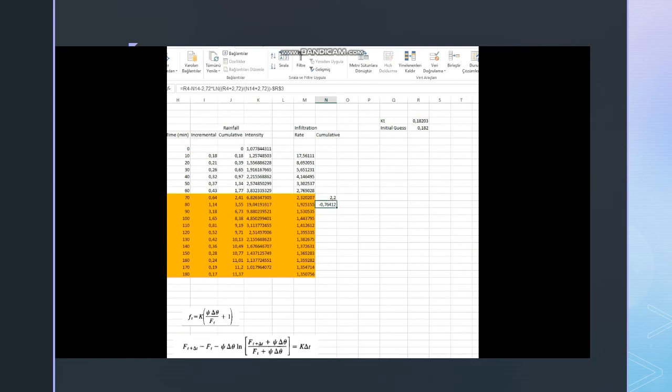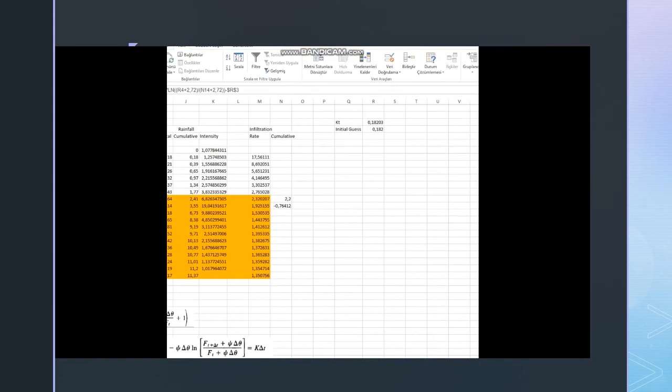Then I will do again the What-If function. So I will say, okay, I want this guy to approach 0, and change this guy, and then give me the cumulative infiltration in this case.